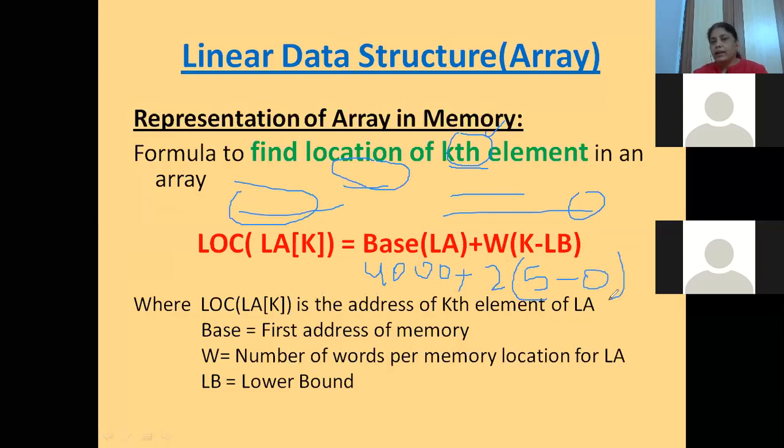So what is the address of the fifth position? 4000 plus 2 into 5, 10, so 4010 is your address of the fifth position of your array. Understood? This formula is very easy and basically used to calculate the address of any kth element of your array.